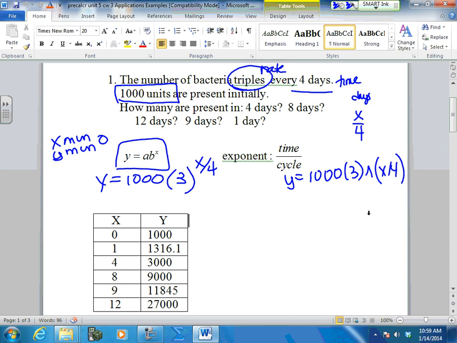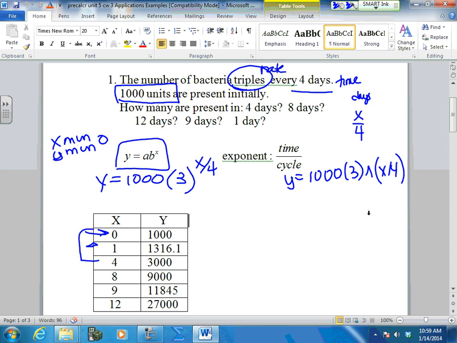Now, I put out some of the table here so we can see what's happening. At the beginning, this is my initial, I start with 1,000 units of bacteria, whatever you call these units, pieces, cells of bacteria. Now, on day 1, did I triple this on day 1? No. I said every 4 days.